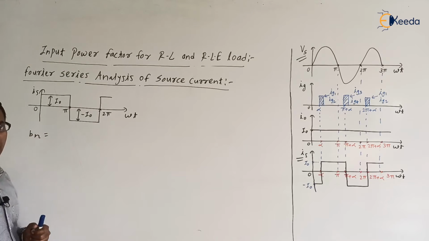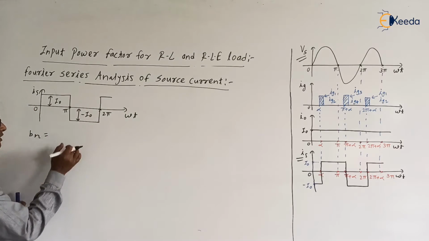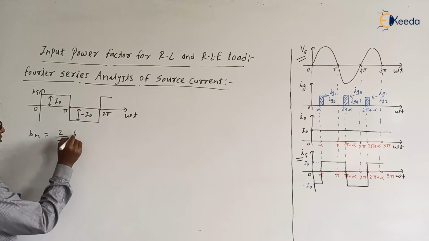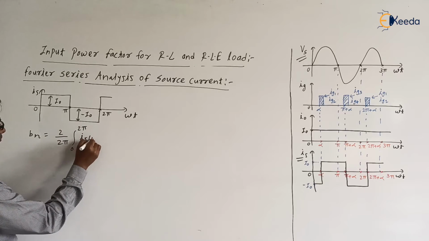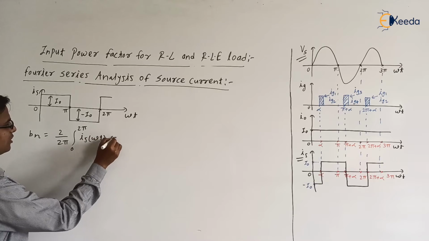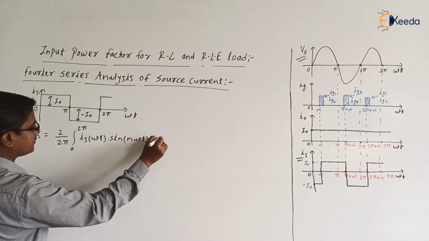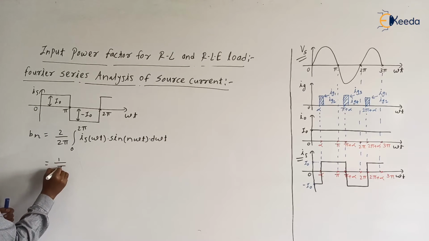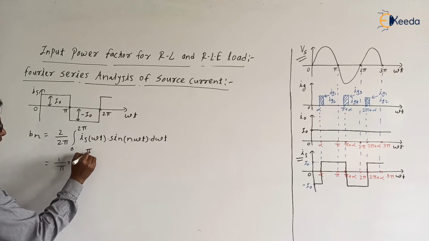We know bn is equal to 2 by T integration from 0 to T. Instead of T we can write it in terms of angle, so it is 2 by 2 pi integration from 0 to 2 pi, i of omega t into sine of n omega t into d omega t. Further we can write it as 1 by pi. This integration can be divided as 0 to pi and pi to 2 pi.